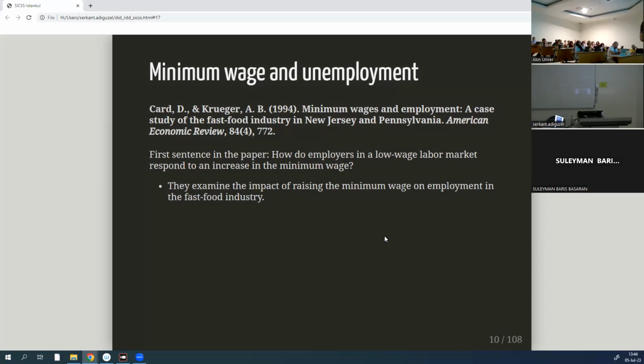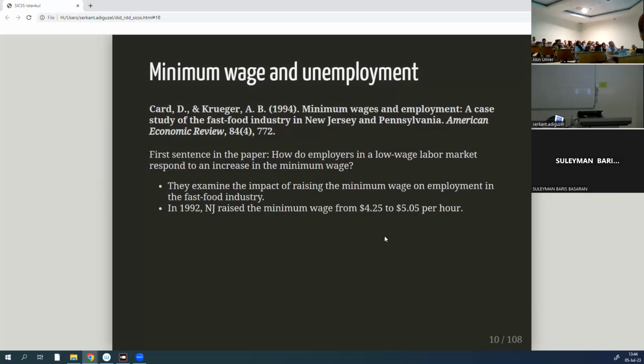What they do is examine the impact of raising the minimum wage on employment in the fast food industry. Why fast food? Well, it's standard, right? The products are comparable. That's why there's this Big Mac index, right? The products are pretty standard, so you can compare across different settings.